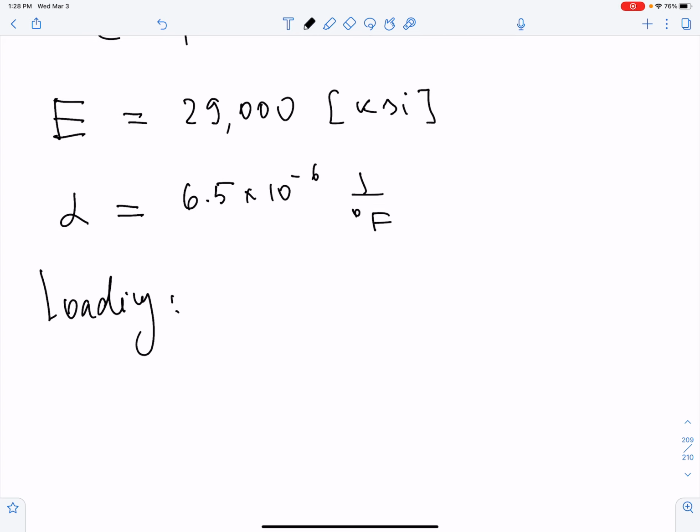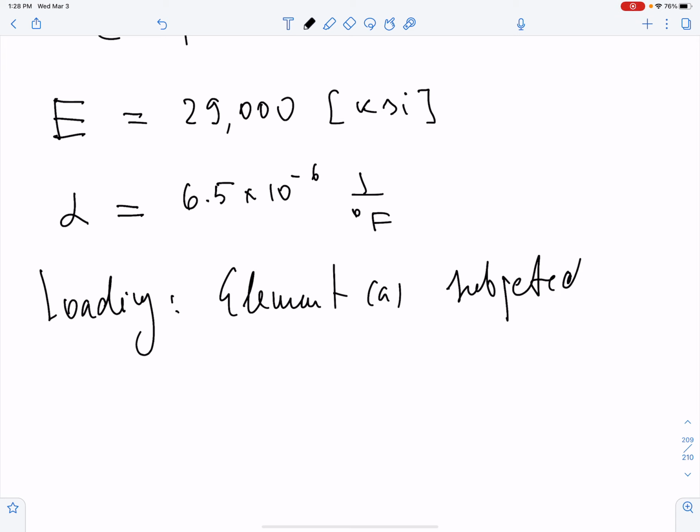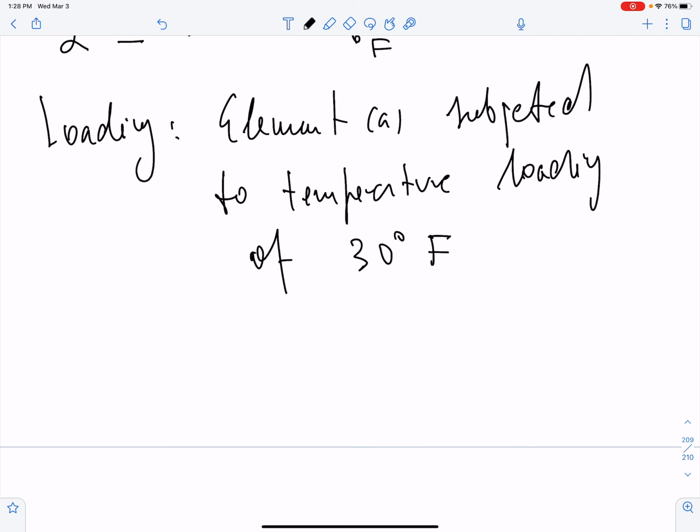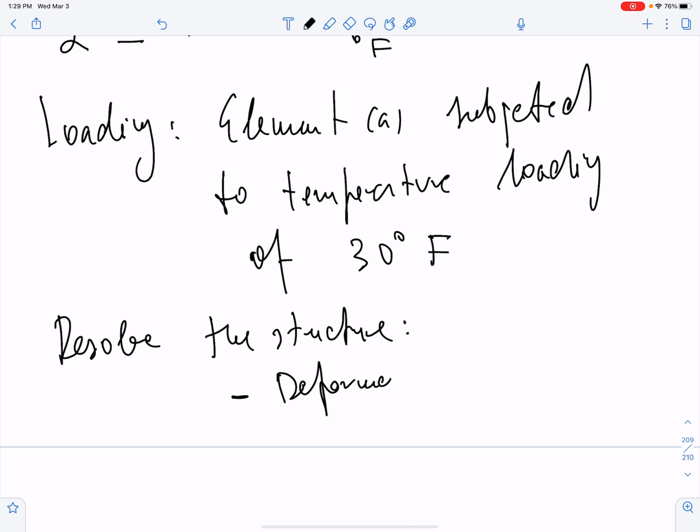So we have element A subjected to temperature loading of 30 degrees Fahrenheit, which is not much, and your goal is to just resolve the structure. So we compute the deformation, and let's look at the element forces.